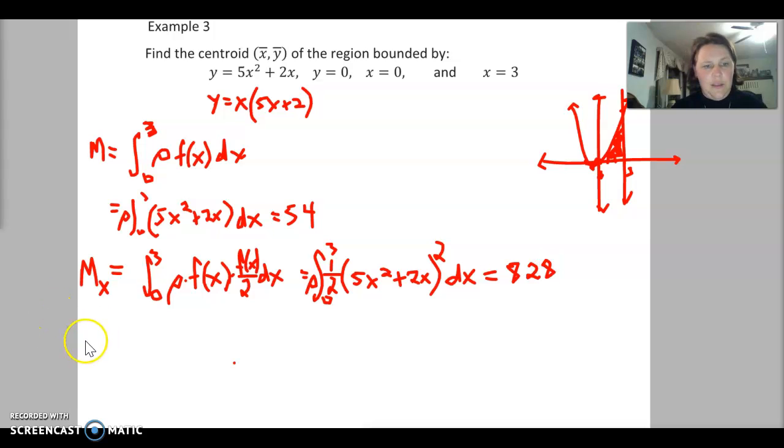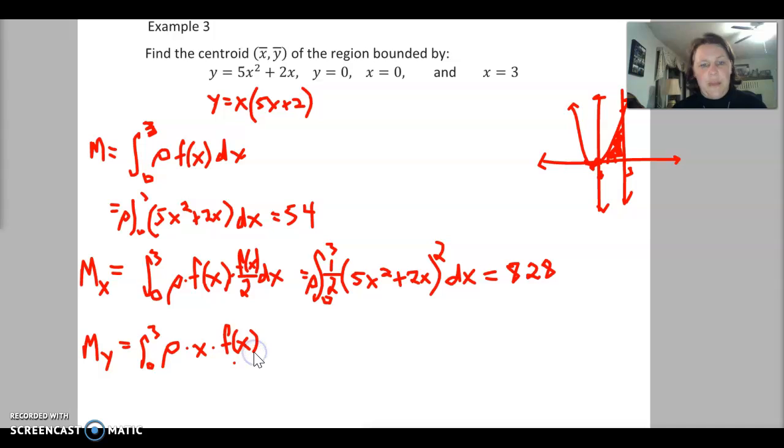Okay, and then for m sub y, we're going to have the integral from 0 to 3 of rho times x times f of x.